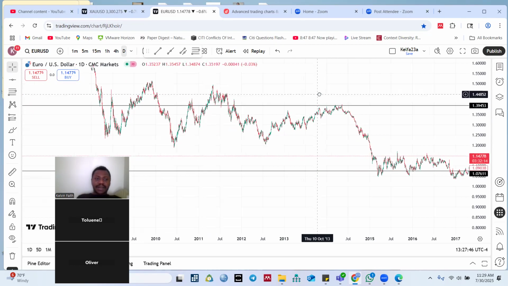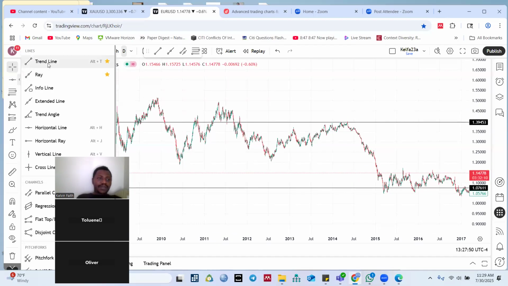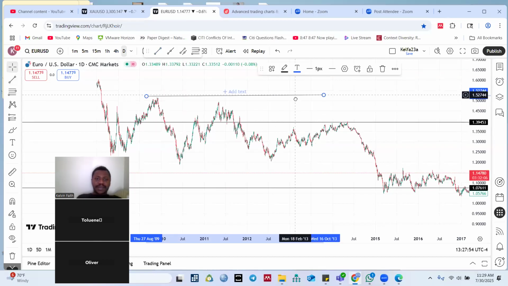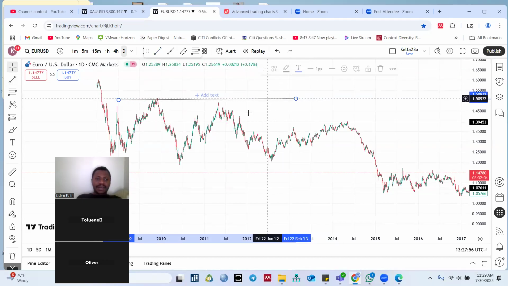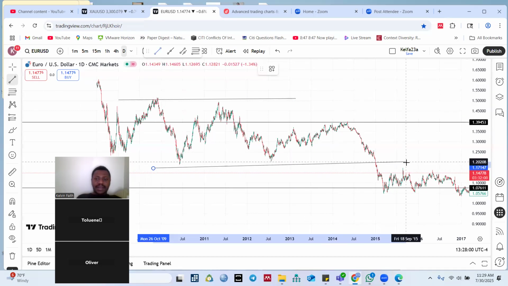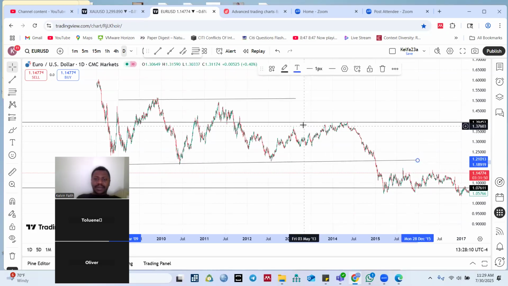And then I can see that this was some kind of a range for me from here. And then there was this kind of area here. There was this kind of a range here too for me.